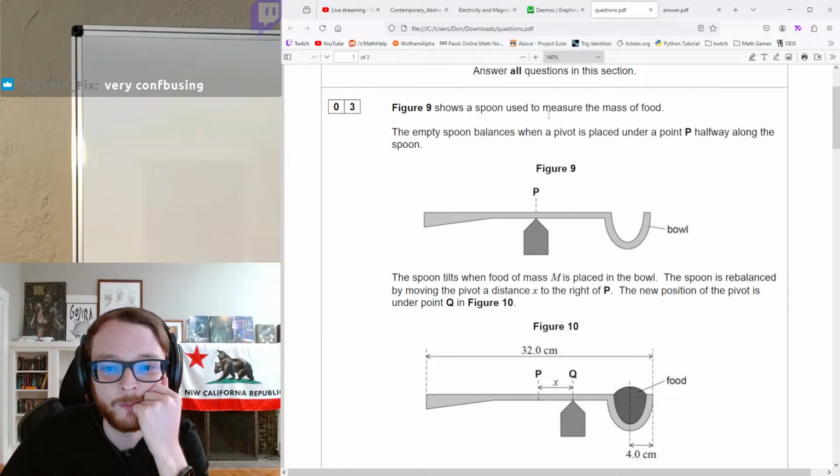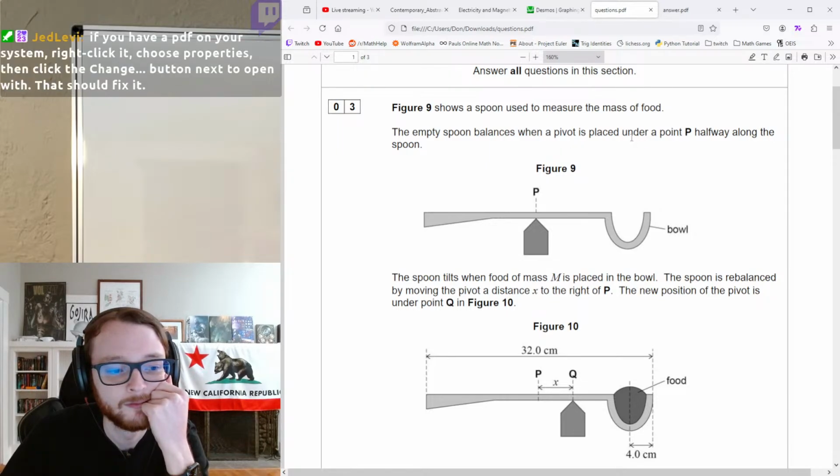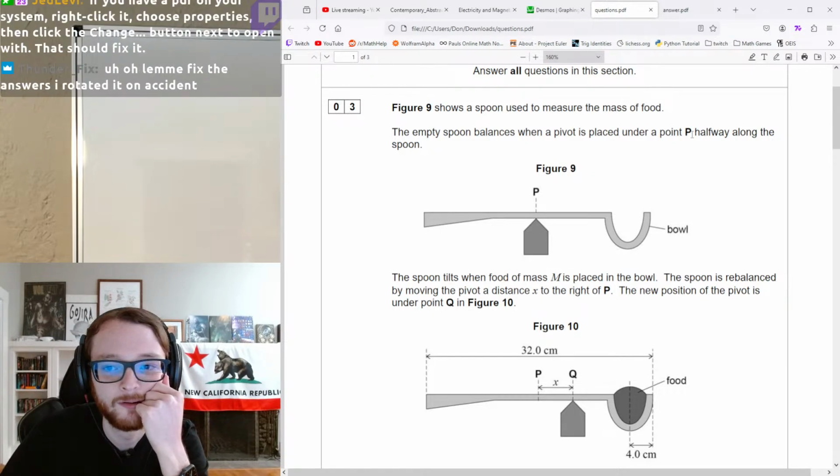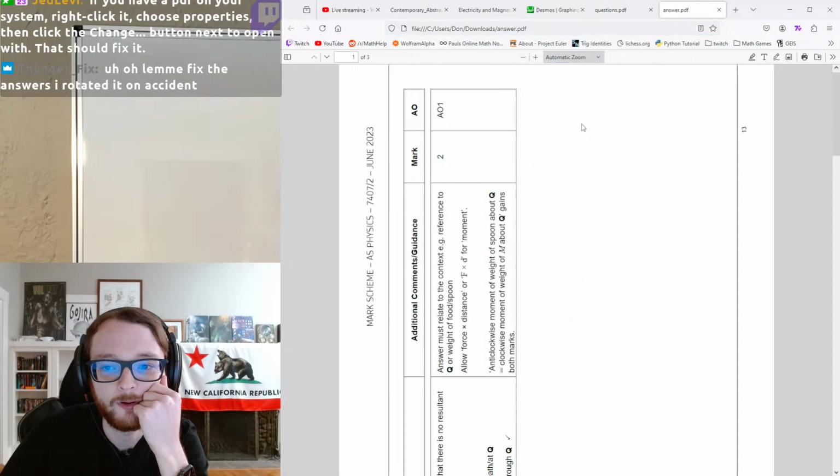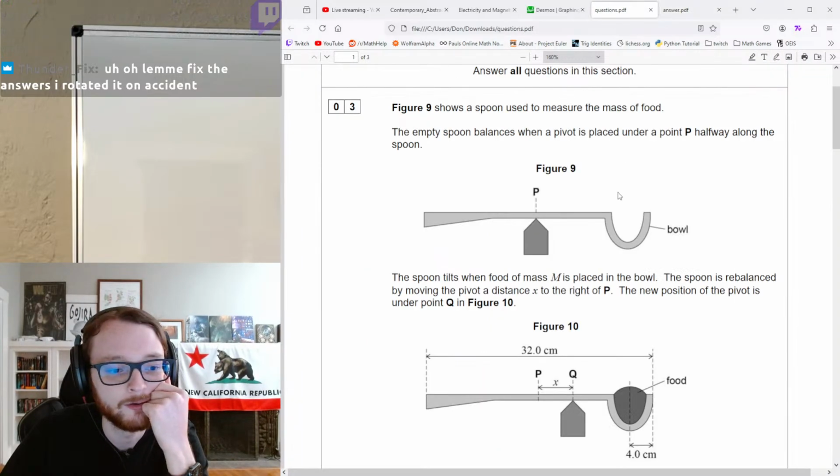A spoon used to measure the mass of food.